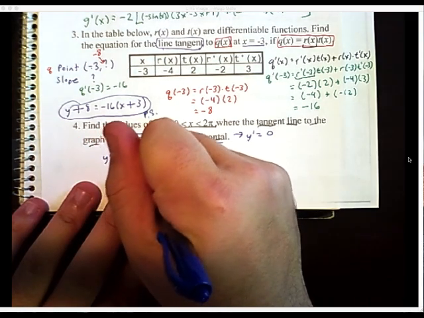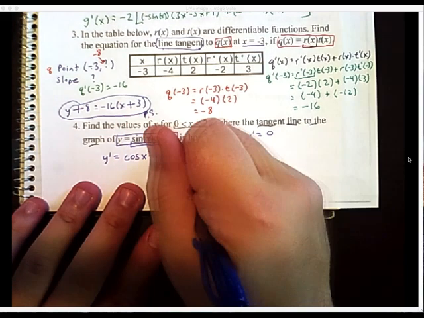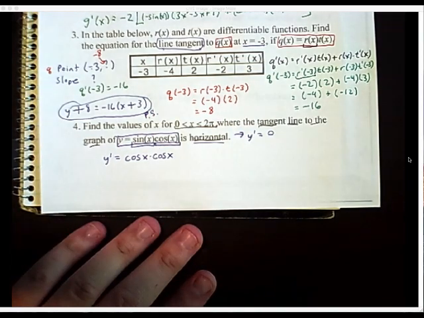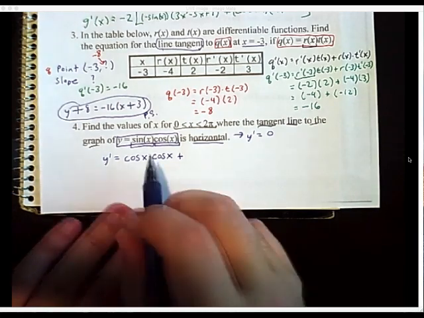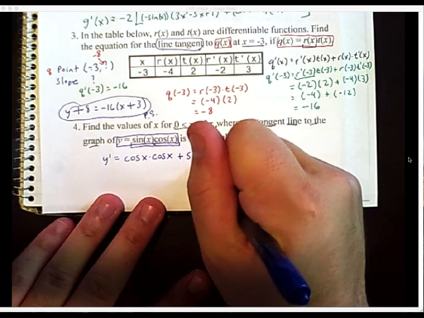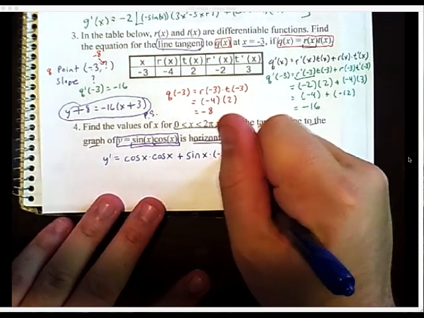Hopefully you say it's cosine. Okay, so that's the derivative of the first term times the second term, plus the first term, sine of x, times the derivative of cosine. The derivative of cosine is negative sine.